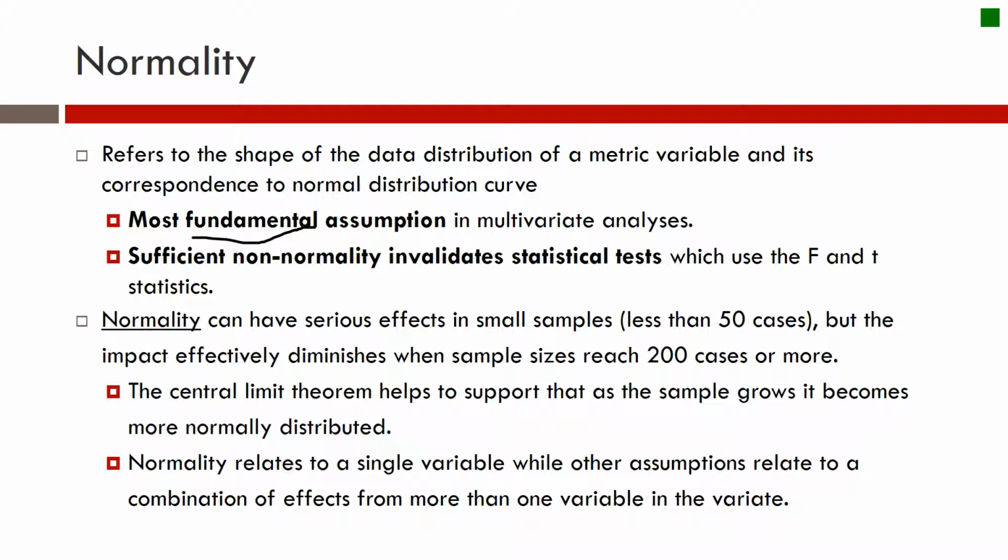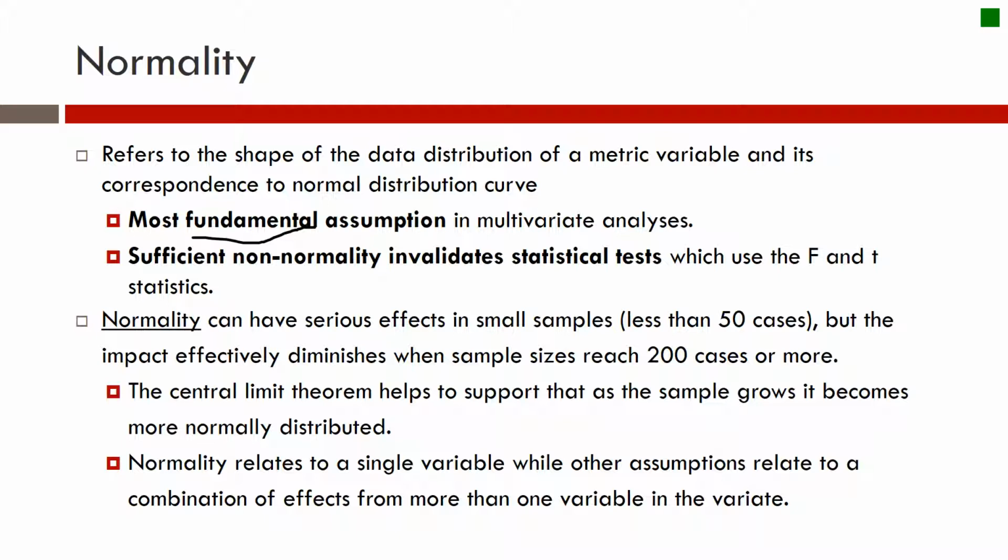Okay, so now because of the central limit theorem, normality is a bigger issue if you have a smaller sample. If you have a larger sample, and as your sample approaches the population size, normality becomes a little bit less of an issue. So data tends to approach normality the larger it gets.